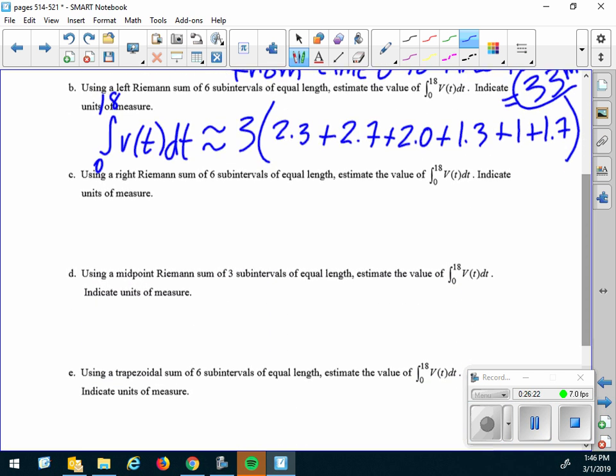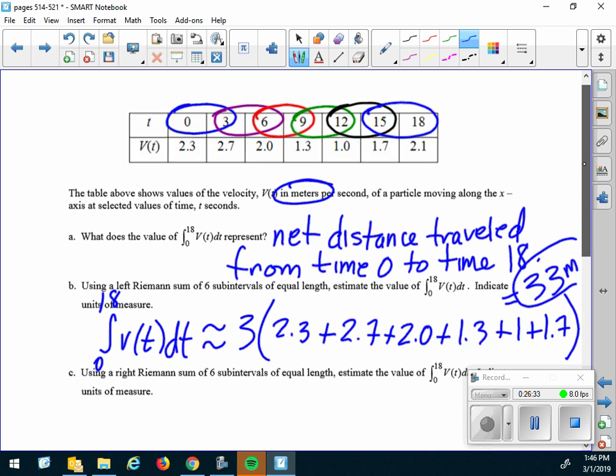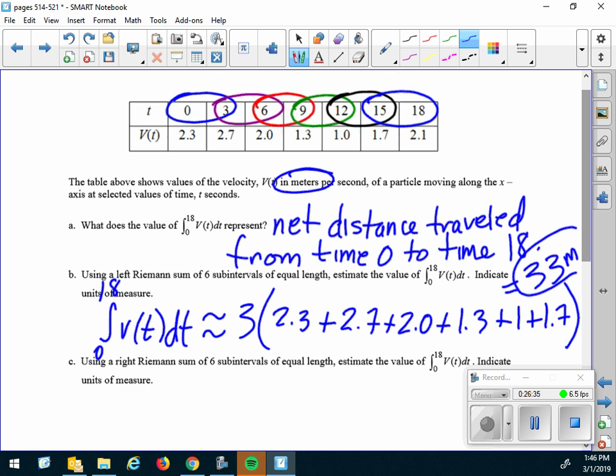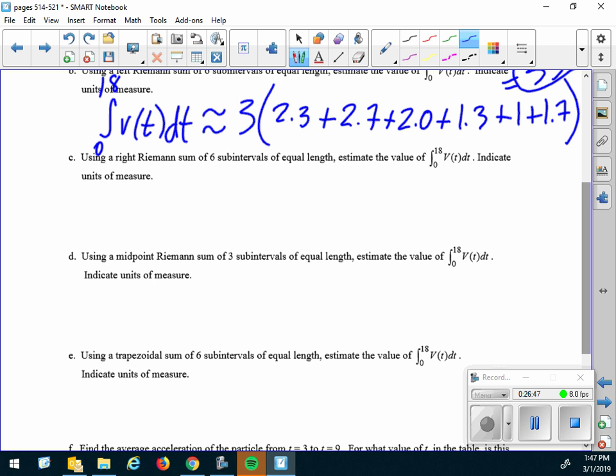Okay. Using a right Riemann sum of 6 subintervals of equal length. Right Riemann sum. Do I need to change my subintervals? No, because I've got 6 of them. Which of the heights am I going to start with? 2.7 and end with 2.1. Good. And please put is approximately.